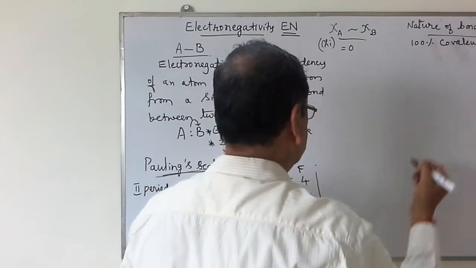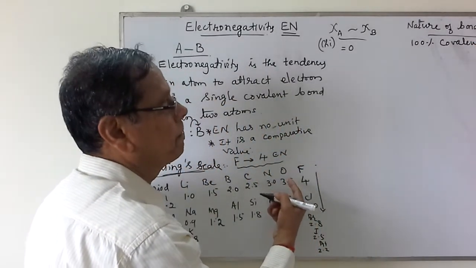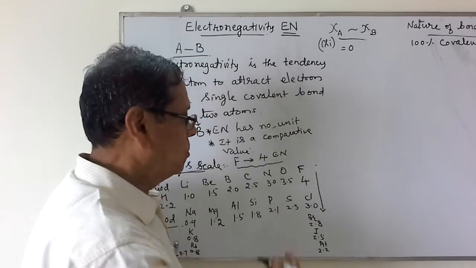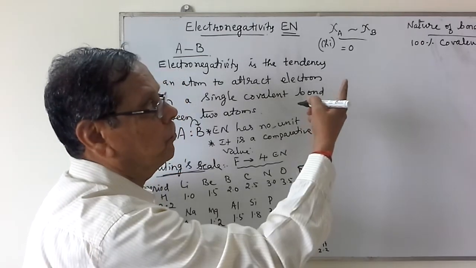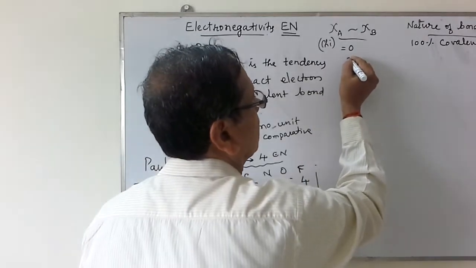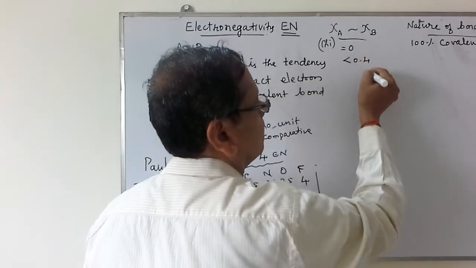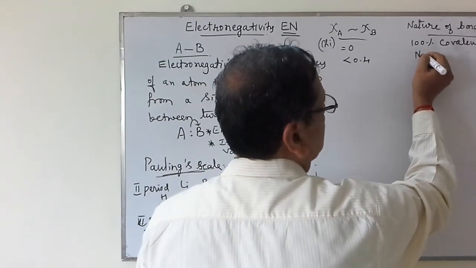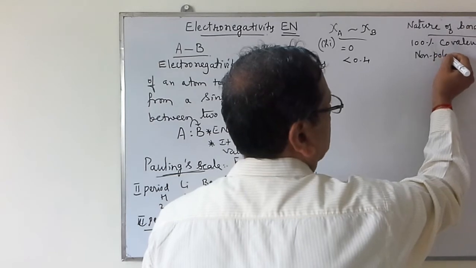Similarly H2, F2, Cl2. So the molecule becomes non-polar covalent. When the difference is less than 0.4, again it is non-polar covalent.